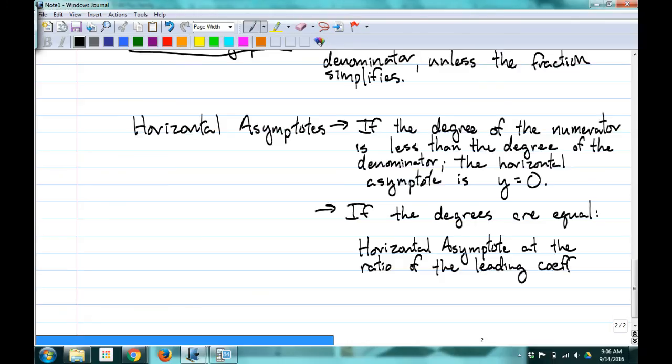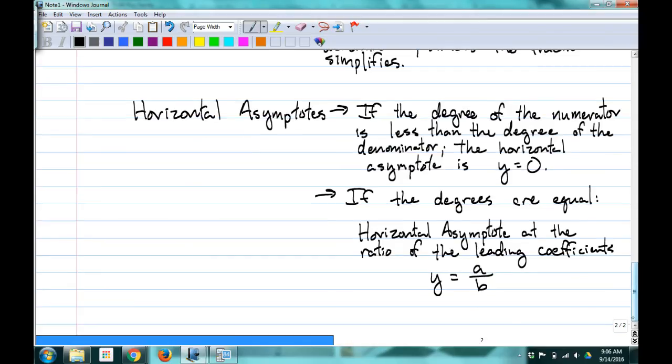We're going to see some examples of this in just a little bit. So you'd have something like y equals a over b, a fraction, reduced if it needs to be. So if the degree of the top is less than the degree of the bottom, we have a y equals 0 horizontal asymptote. If the degrees are equal to one another, then we have a horizontal asymptote at the ratio of the leading coefficients. Okay, so those are the conditions for horizontal asymptotes to exist.